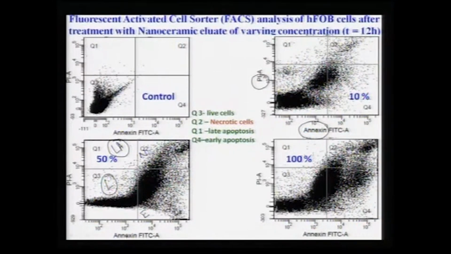Let me summarize. You see here 4 quadrants, 1, 2, 3, 4, and the individual data points are collected from one cell.